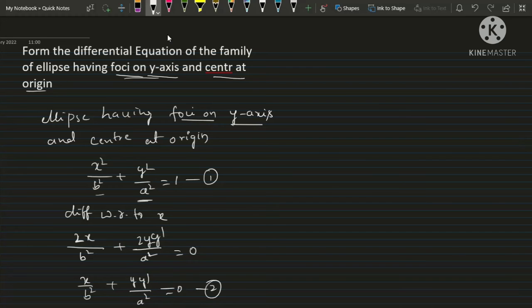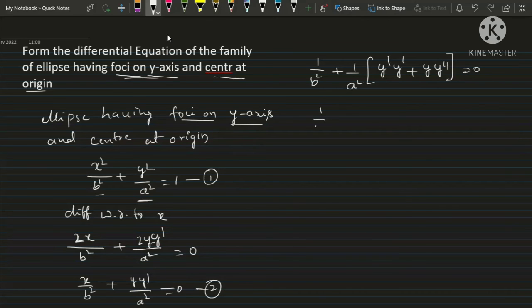Next I should differentiate equation 2 with respect to x. Differentiation of x is 1, that is 1 by b square as it is, plus 1 by a square as it is. I have to differentiate y into y dash. Then y dash keep as it is, differentiation of y, again y dash, plus then keep y as it is, differentiation of y dash is y double dash, is equal to 0.